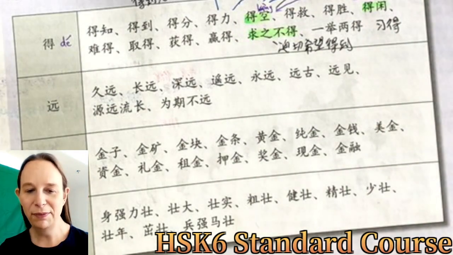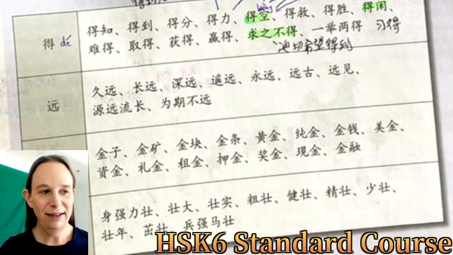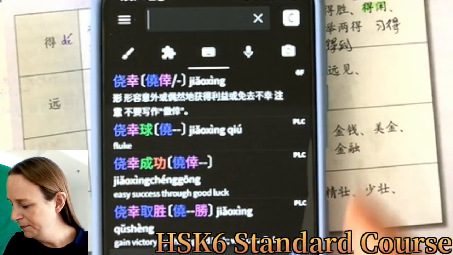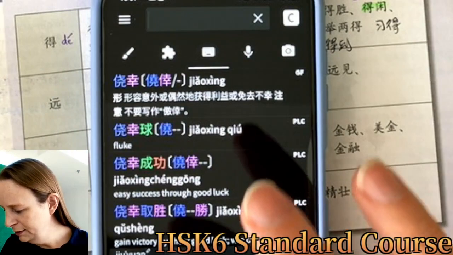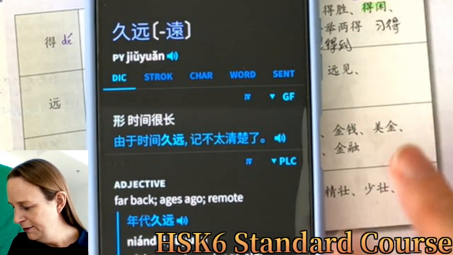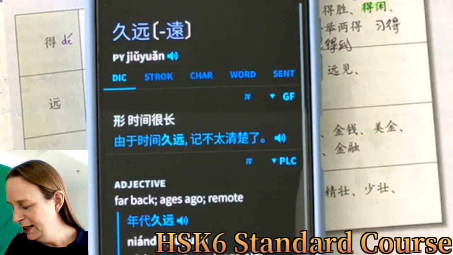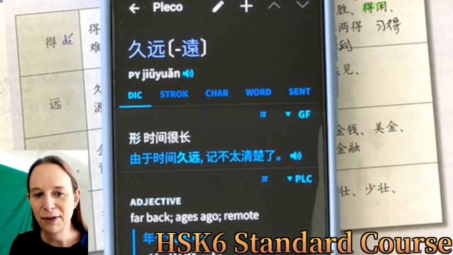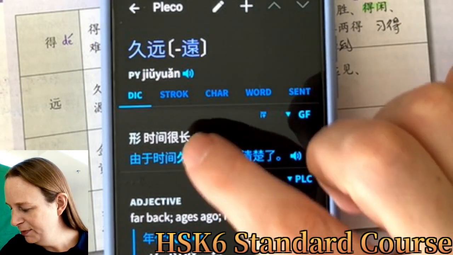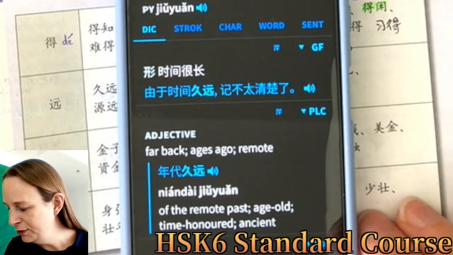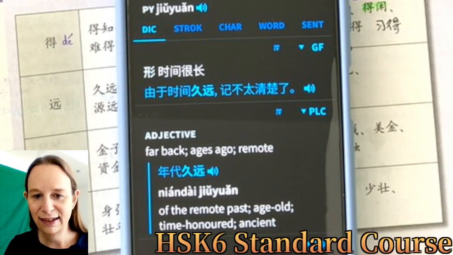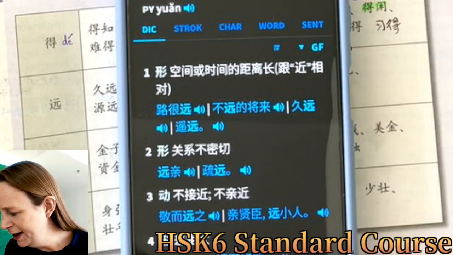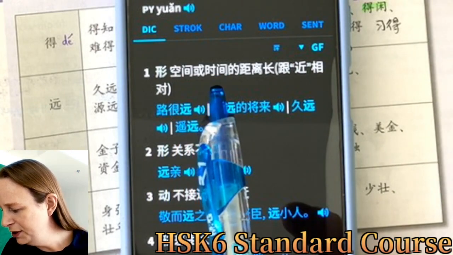Okay, 久远 presumably is both distant with respect to time and physical distance. 久远, far back ago. 时间很长, no, it is this 远 is meaning far with respect to time. Here it is, 年代久远, yeah, distant ages or something. So this 远 is with respect to time, 空间或时间.